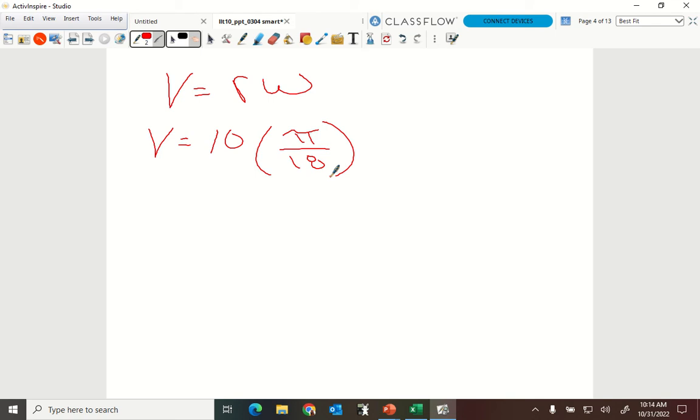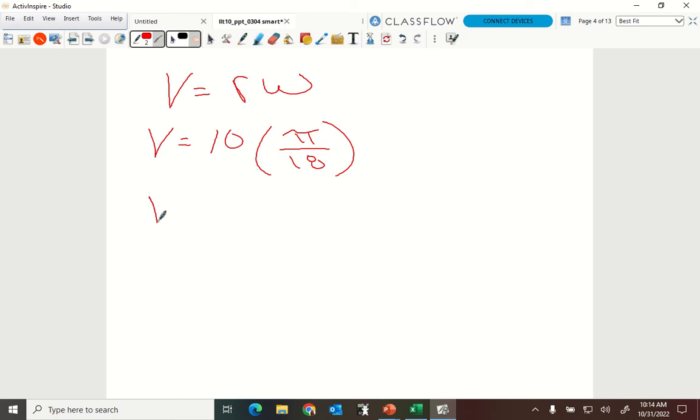So don't forget, my answer, which is going to be velocity, is going to be moving over time, so it's per second. Because my W, my angular speed, also has an angle divided by time, and that was per second.